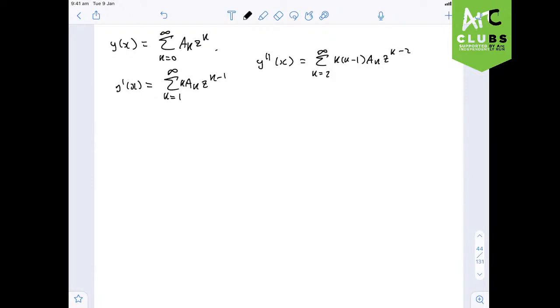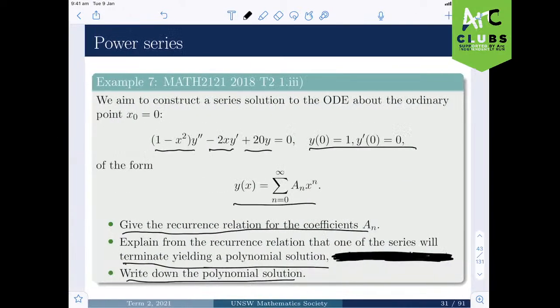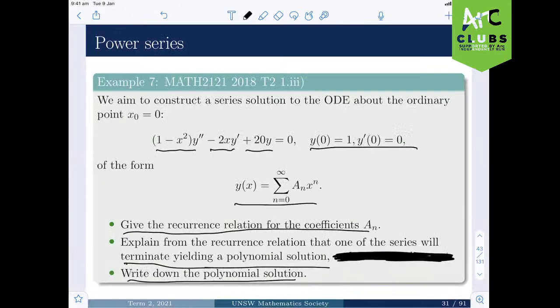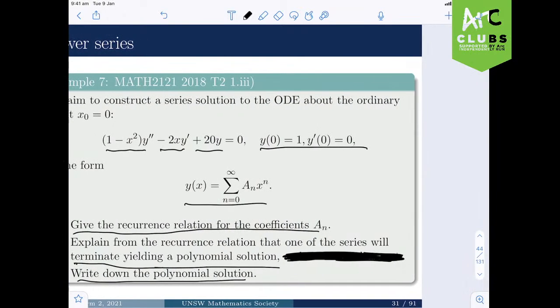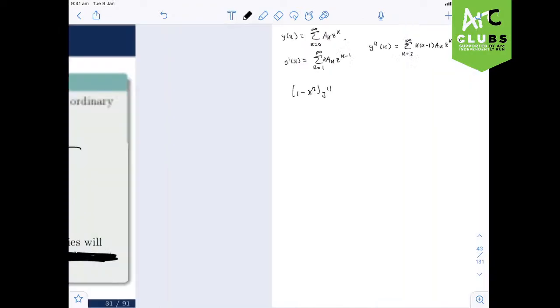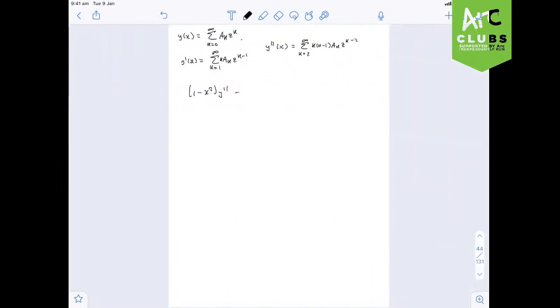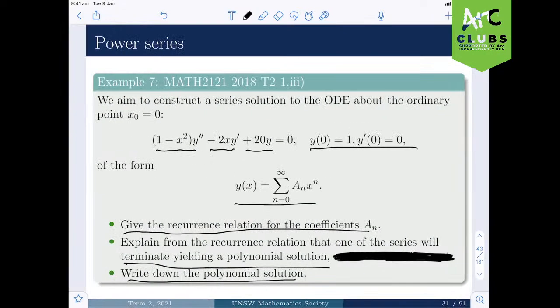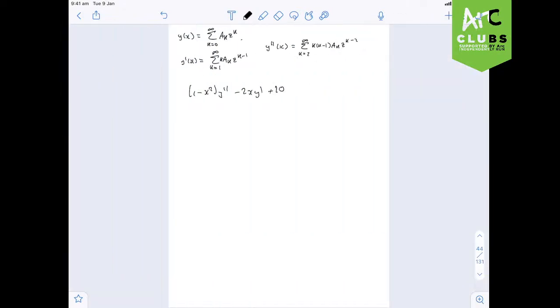Okay, so let's just substitute this into the original equation. The original equation was this: (1 minus x squared) y'' minus 2x y' plus 20y equals 0. Okay, let's just chuck these in. We already have the derivatives.